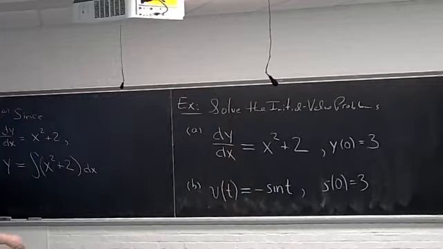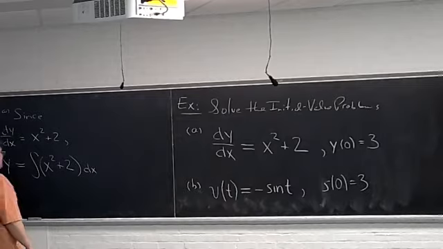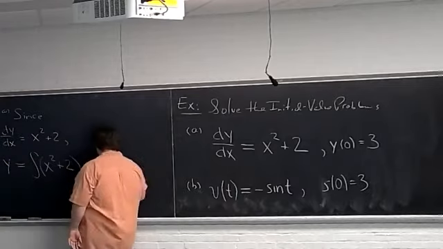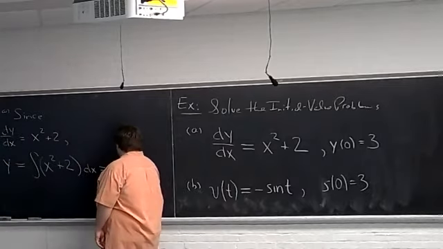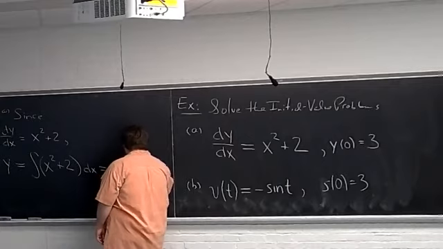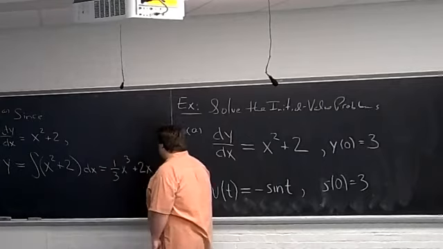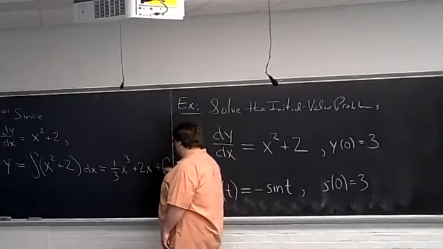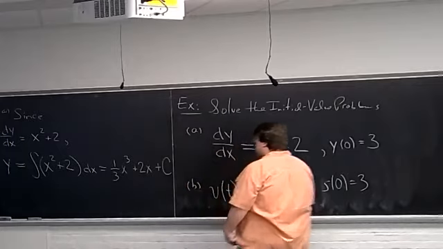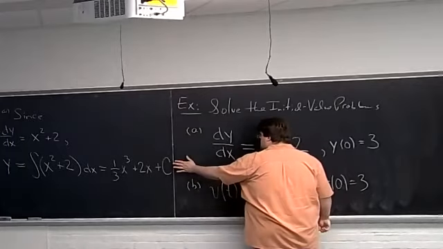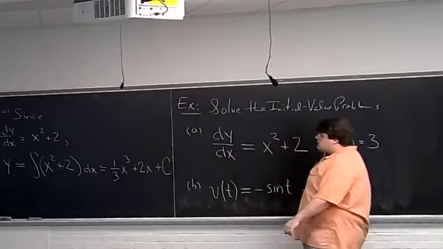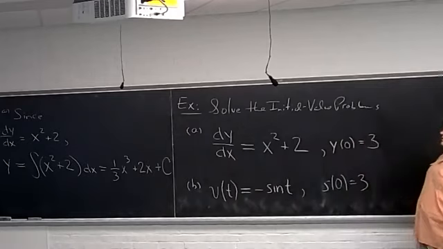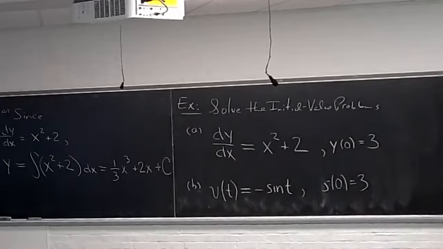And then we can use that condition, y of 0 equals 3, to find a specific value for y. So what do we get here? Well, we have the power rule, and the constant rule: one third x cubed plus 2x plus a constant c. Take the derivative of this right-hand side, you get x squared plus 2. So that is a correct indefinite integral.